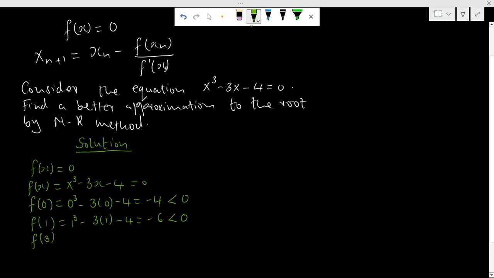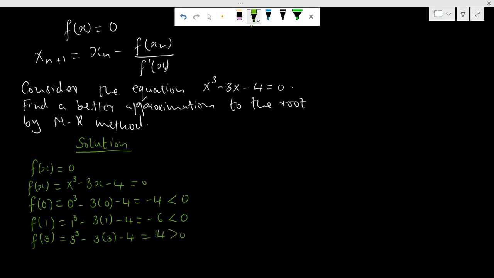If you test f at 3, it will be equal to 3 cubed minus 3 times 3 minus 4. This will give us 27 minus 9 minus 4, which is 14, which is greater than 0.